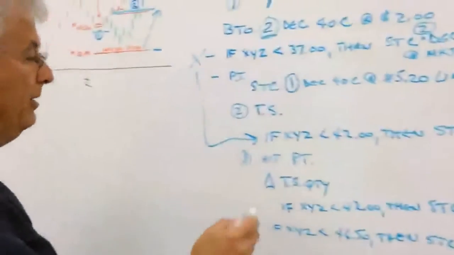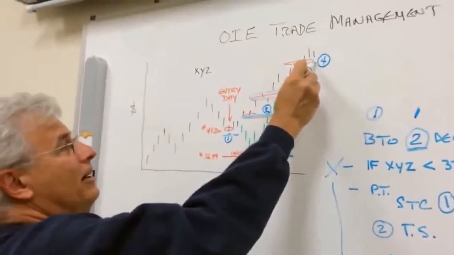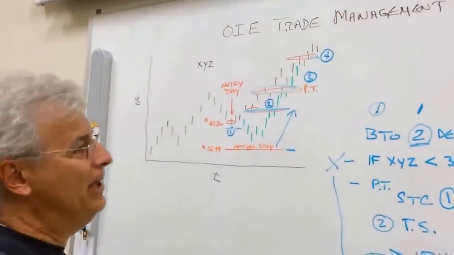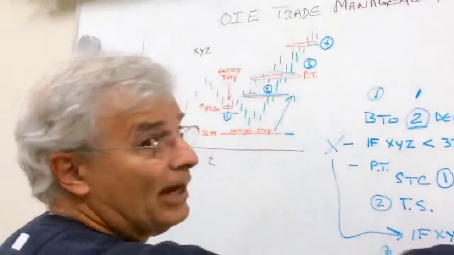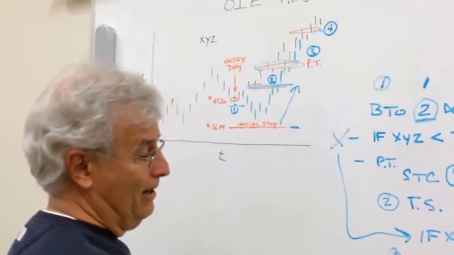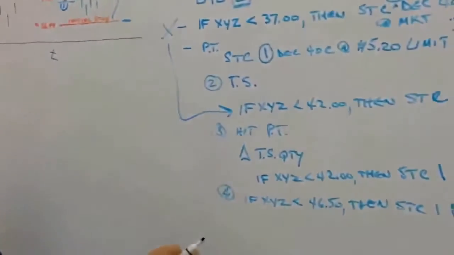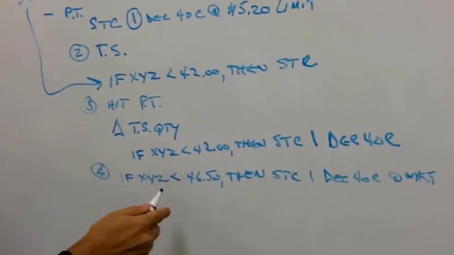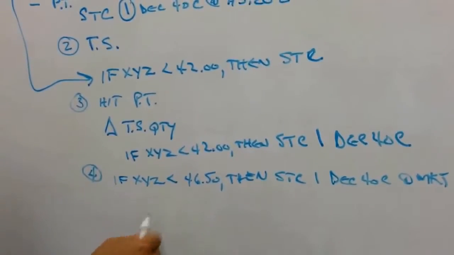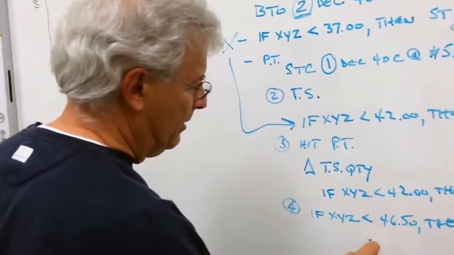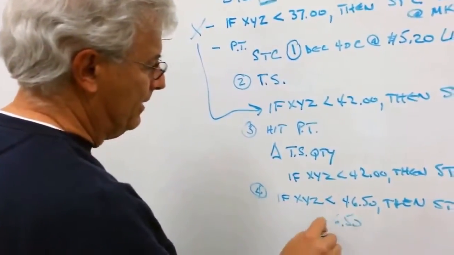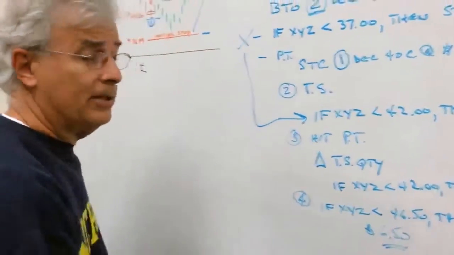And at that point, you're very happy. If you get stopped out here, you're very happy because, well, you sold half at 520 at the profit target with the stock at 46.50. The price of that option, remember, there's still a lot of time value left in this option. It's probably going to be more like $6.50 for that second half position.